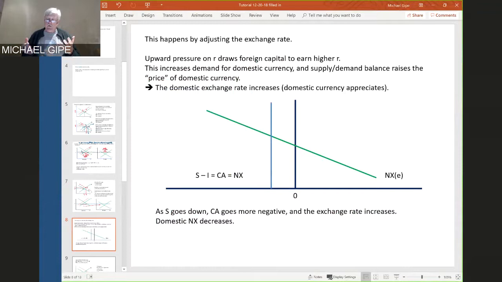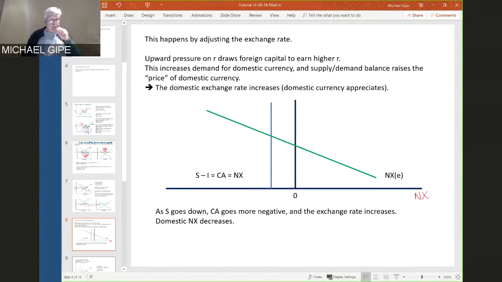So our domestic currency is appreciating now, and we can see how that works out in the net exports graph here. We have on the x-axis net exports, which are a function of that exchange rate.